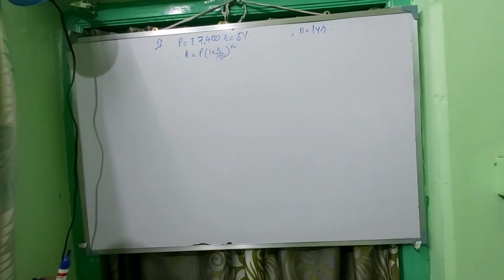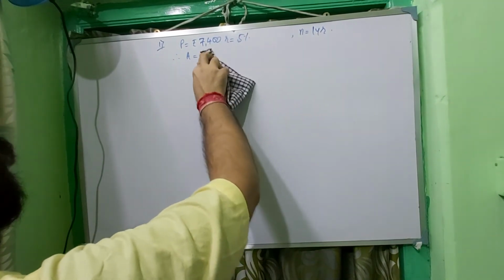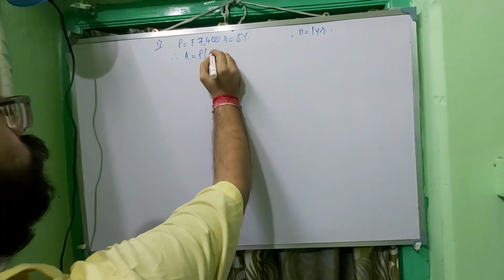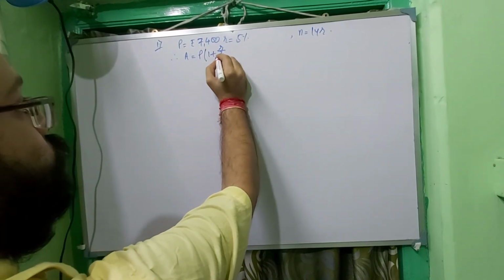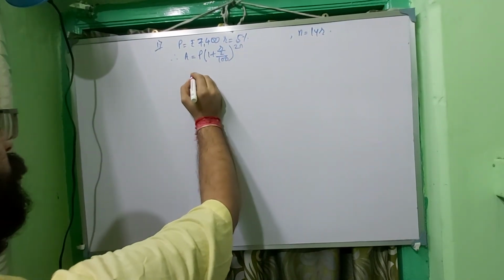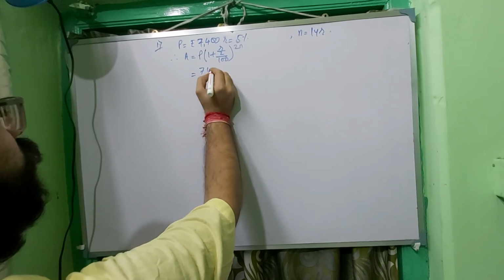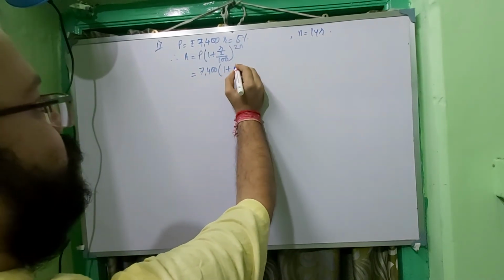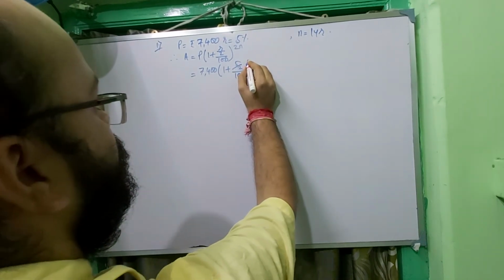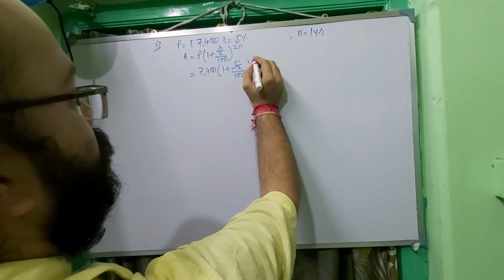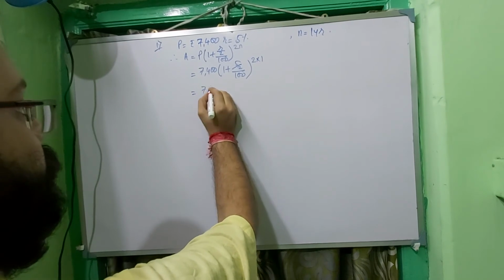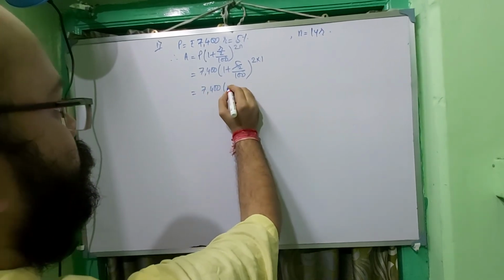So here, as the interest is compounded half yearly, the formula changes to A is equal to P into 1 plus R by 2 by 100 whole to the power 2n. So if you put that, 7,400 into 1 plus R by 2 by 100, R is 5%, divided by 2 into 100 whole to the power 2n, 2 into 1, n is number of years 1.